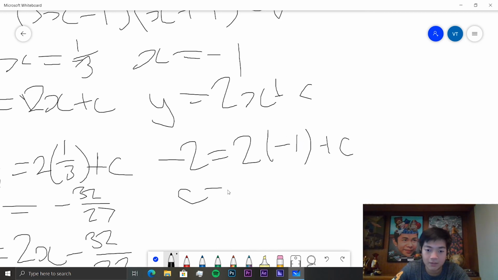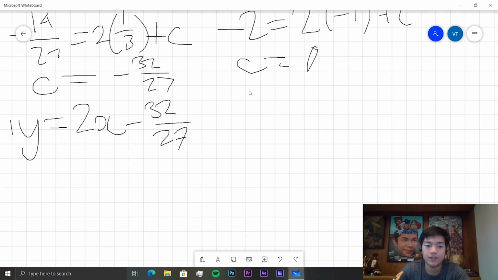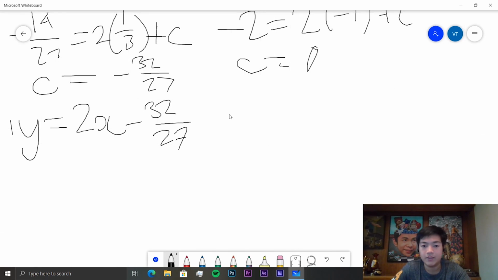We simply have c equals 0. So our two equations are y equals 2x minus 32 over 27, and y is equal to 2x, sorry. So yeah, those should be our two equations, and that's all.